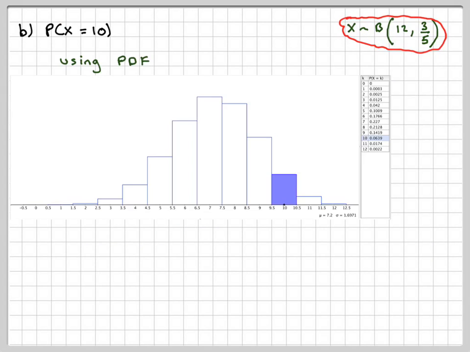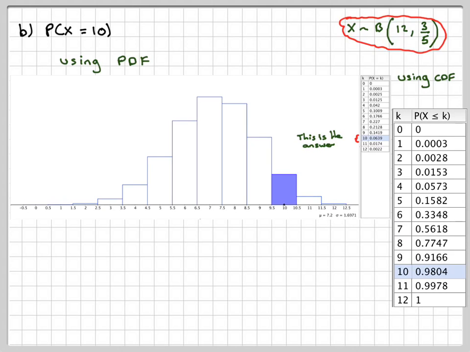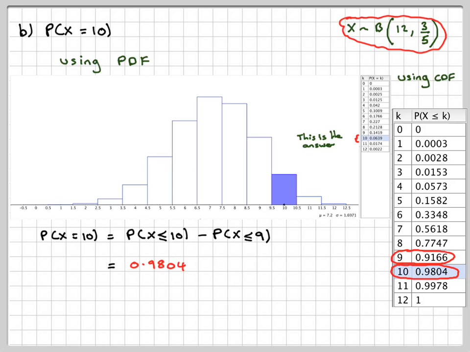So using the PDF, that's actually the answer, probably the easiest way to do it, but if you had to use the CDF tables, then the probability of x being equal to 10 will be the probability that x is less than or equal to 10 minus the probability that x is less than or equal to 9, which is 0.9804 minus 0.9166, which gives me 0.0638. Again, you're going to get a slight discrepancy on the last decimal place due to rounding.